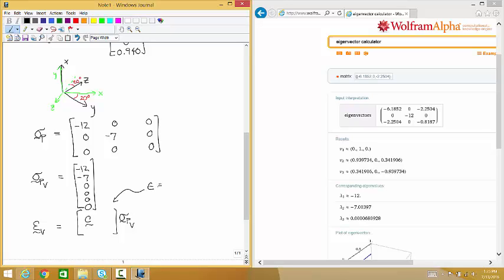So Young's modulus was 200 times 10 to the 9 Pascals. Poisson's ratio was 0.3. And those represent a type of steel. This is megapascals. Oh, this is an easy mistake to make.